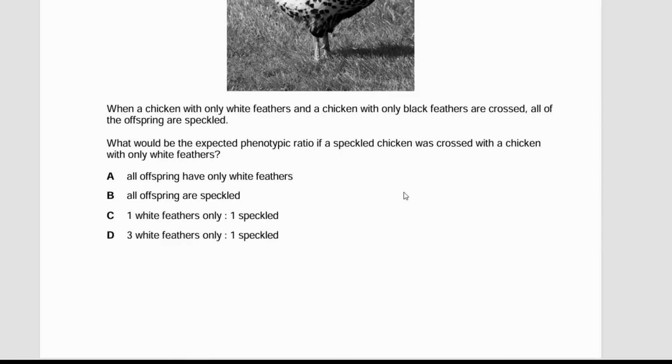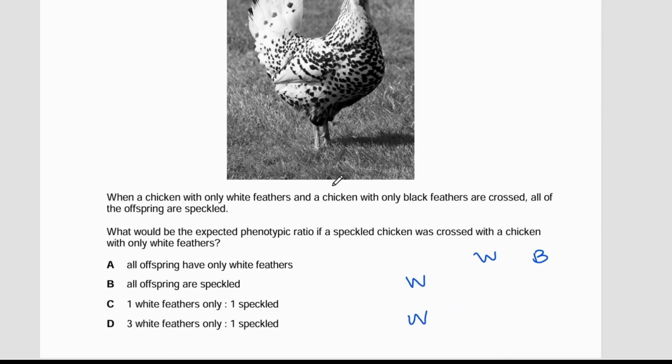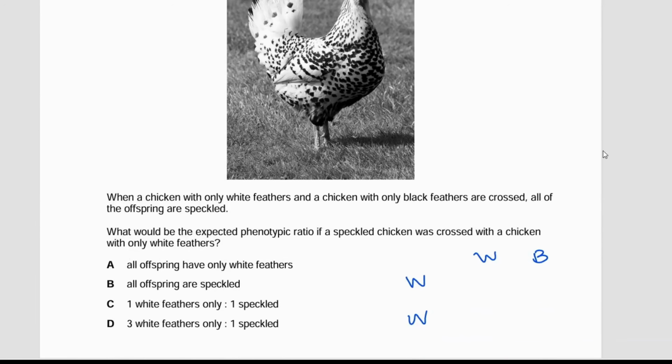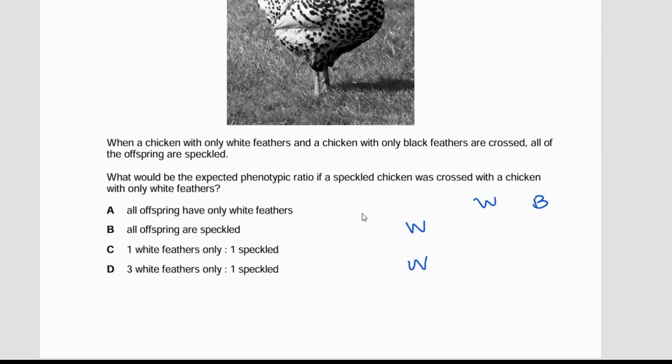So let's say white is W, and speckled is WB. So what would be our ratio? Correct. It would be 50-50.